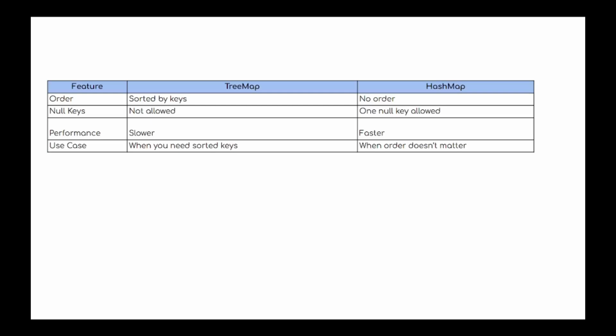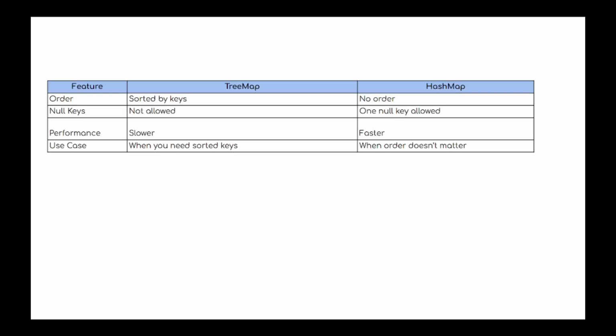Null keys: in the HashMap, only one null key is allowed, but in the TreeMap, that is not allowed at all. When it comes to performance, the TreeMap is a bit slower when compared with the HashMap. HashMap functions faster than the TreeMap.